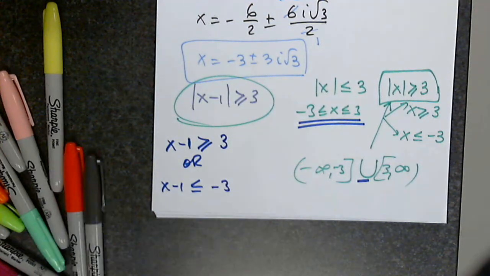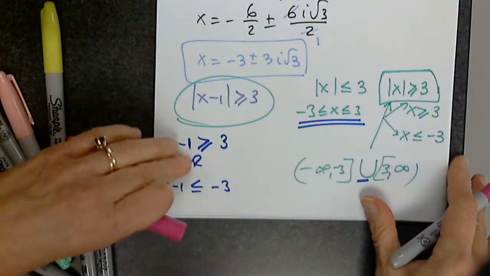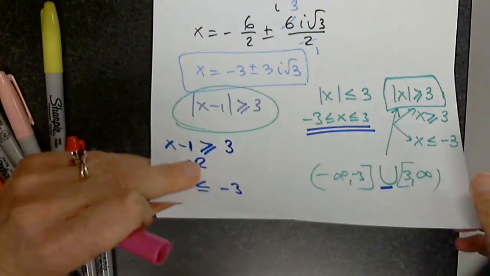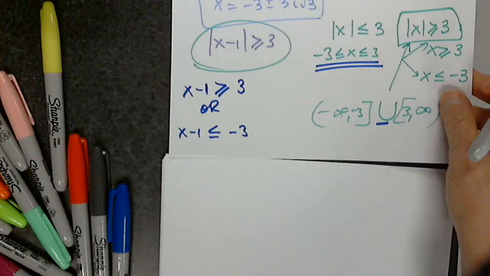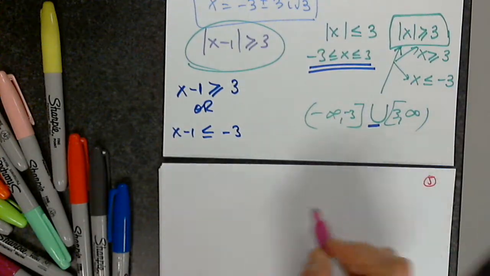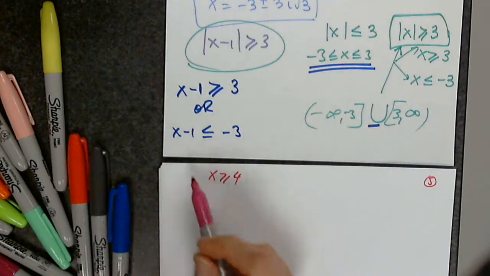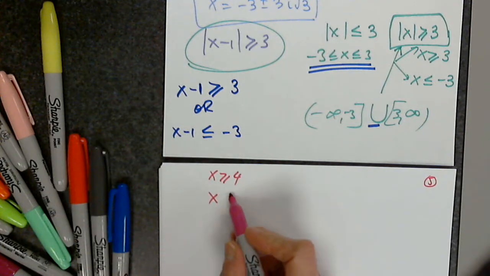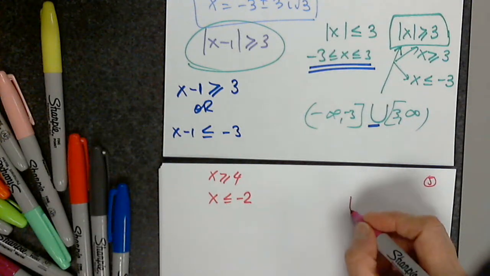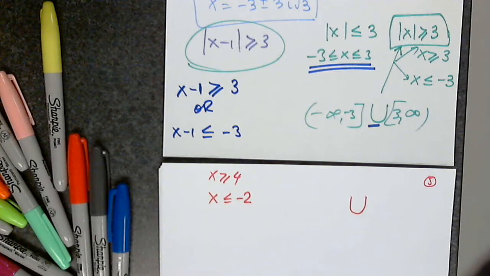So therefore, the first inequality will be, I'm adding 1 to both sides, x greater than or equal to 4. And the other one, I'm adding 1 to both sides, less than or equal to -2. I am waiting for you to dictate.